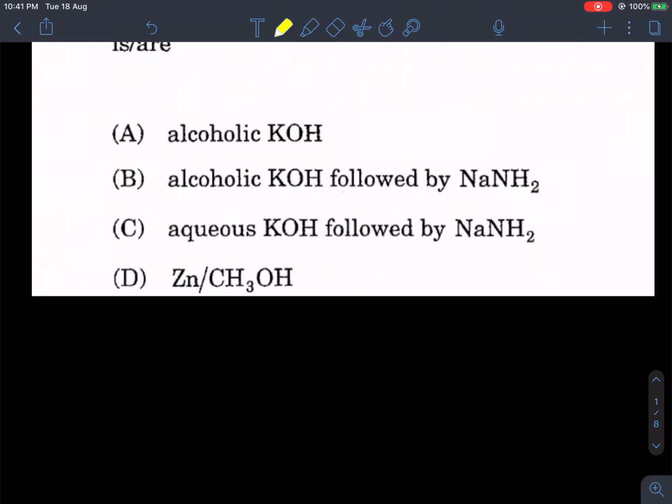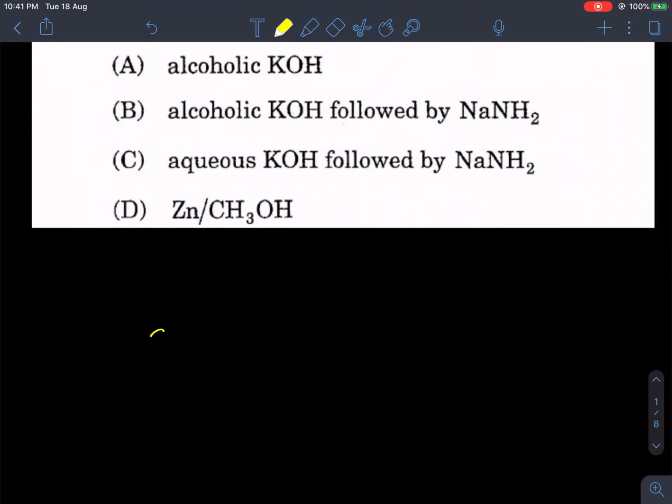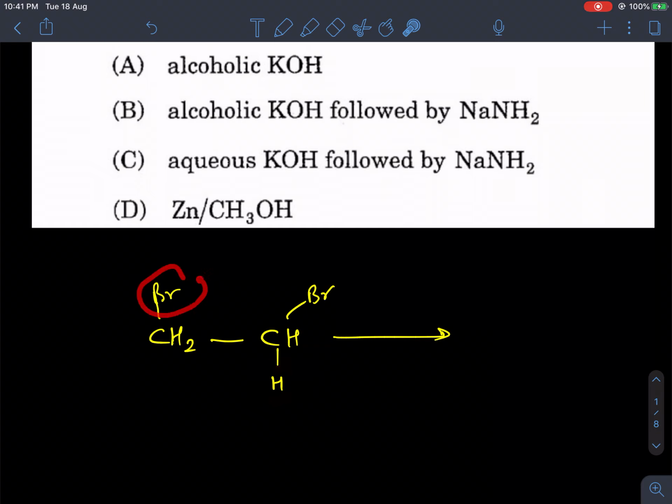Number one: suppose we have this Br and hydrogen, with hydrogen in the opposite direction, and I am trying to remove these. The first process, removal of H and Br, means dehydrohalogenation.